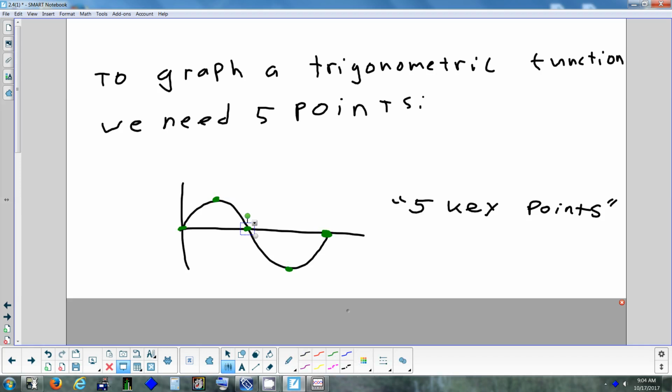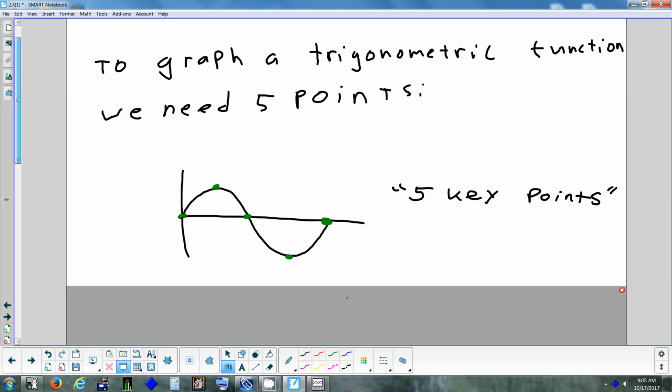Other thing to keep in mind is these sketches don't have any sharp turns to them. Everything you sketch with trig functions should be nice and smooth. Nothing goes like that. So when you sketch any trig function, just try to sketch it as smooth as you can.